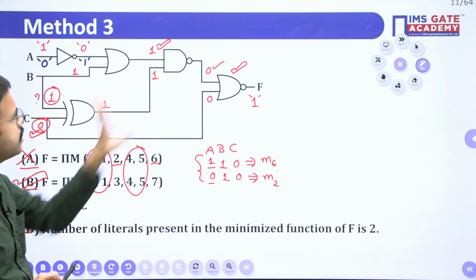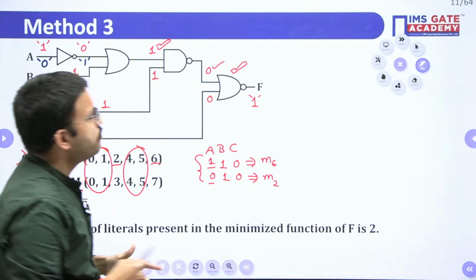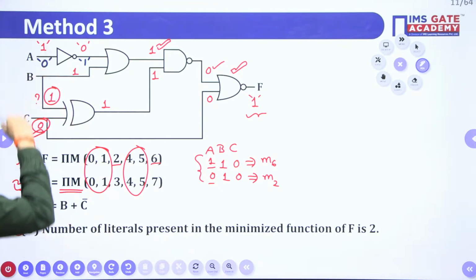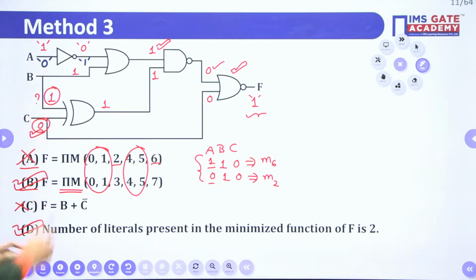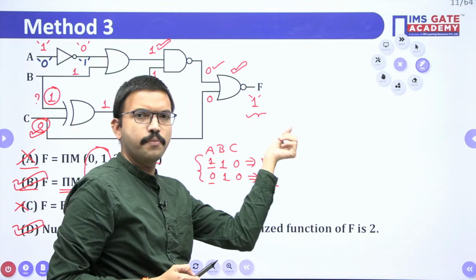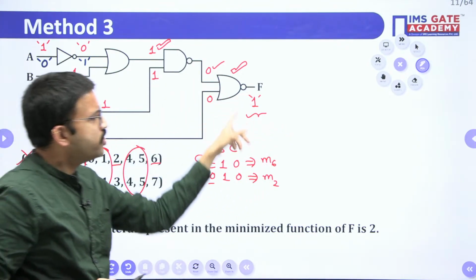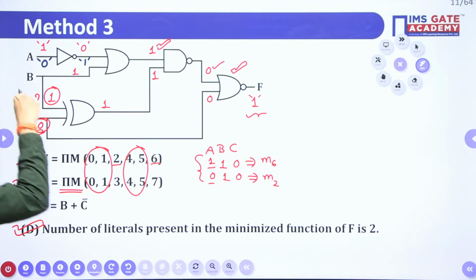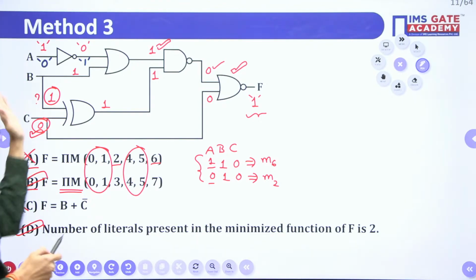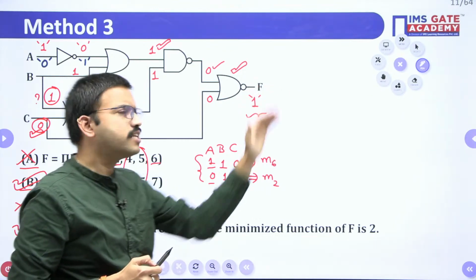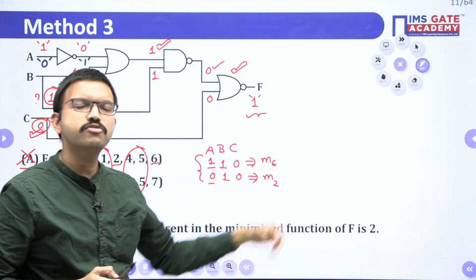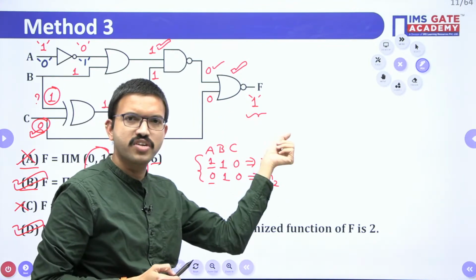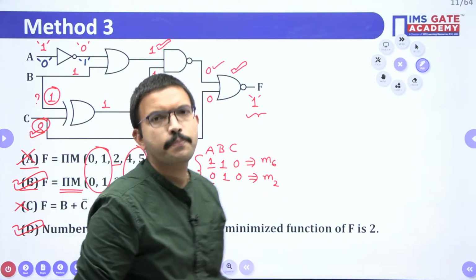So those principles only we will use. Sometimes in the GATE exam, they will give the output as 1 and ask how many input combinations for this particular circuit will produce output as 1, or they may give output as 0 and ask how many input combinations will produce output as 0, or otherwise they will give choices and ask which input combination will produce output as 1 or 0.